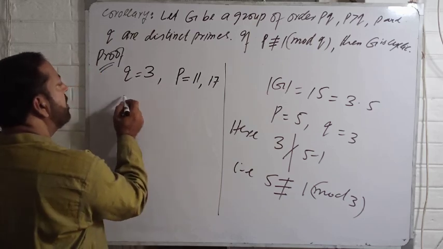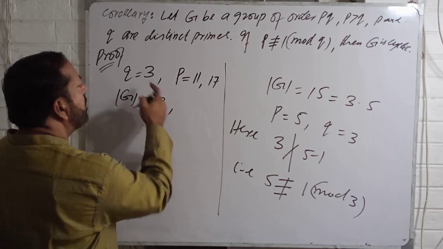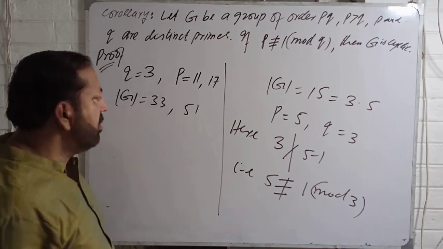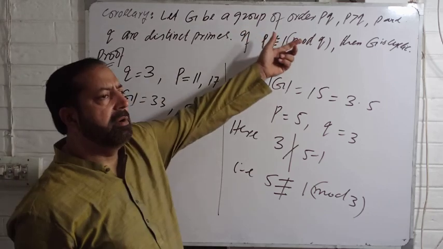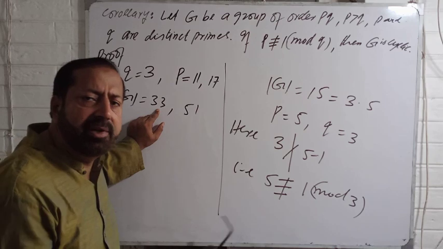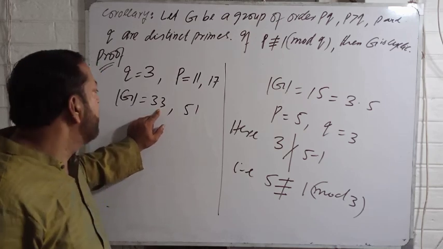This means that the order of G is equal to 3 into 11, which is 33, and 3 into 17, which is 51, right? These can be written in this form. So every group of order 33 is abelian. There does not exist any non-abelian group of order 33.